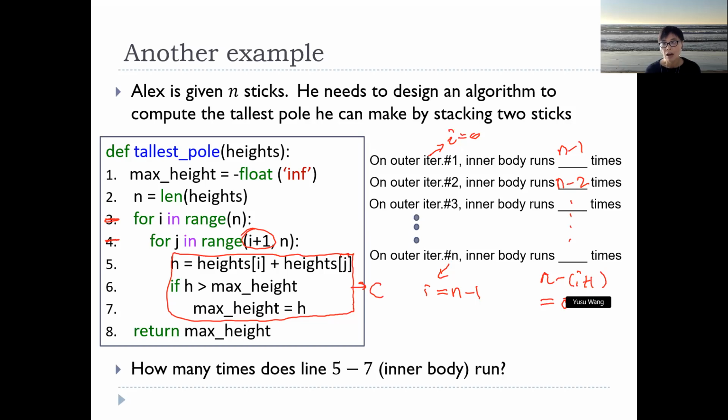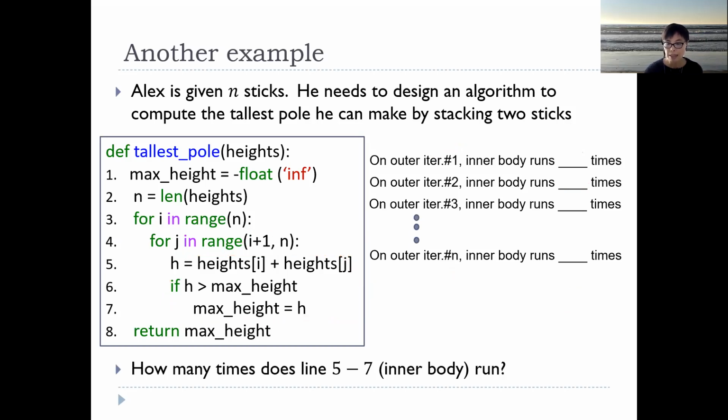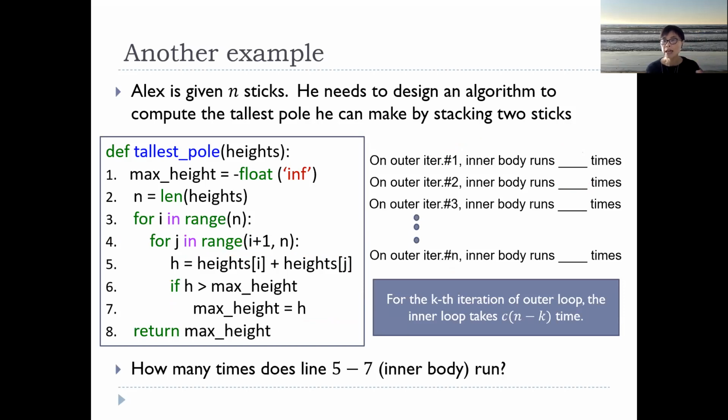Now after you go once through this thought process, you realize what we're saying is the following. For the k-th iteration of the outer loop, i equals k minus 1, because the indices of the array go from 0 onwards, while the iteration count goes from 1 onwards.